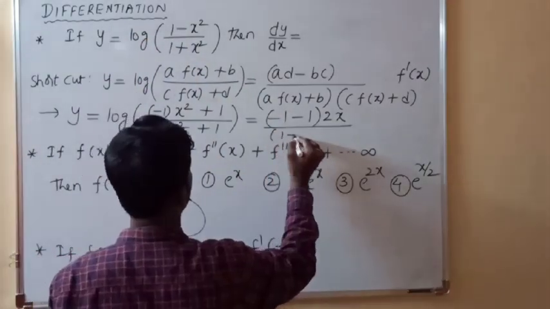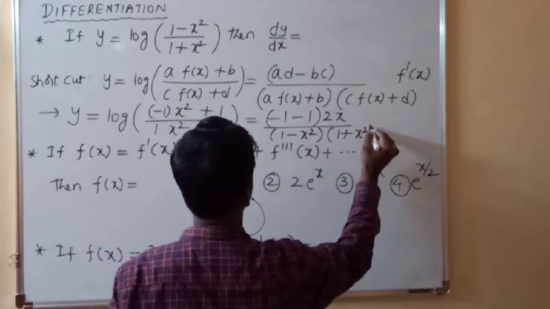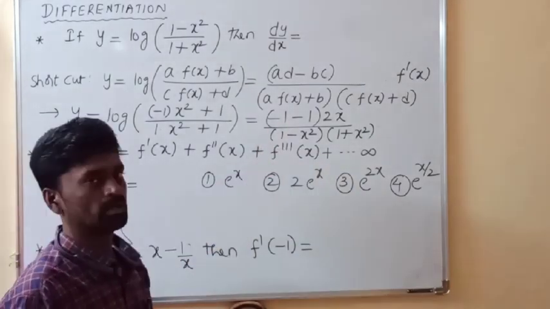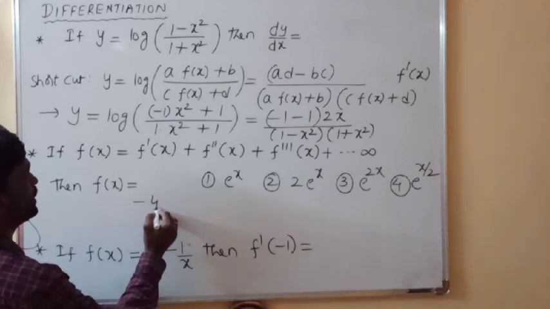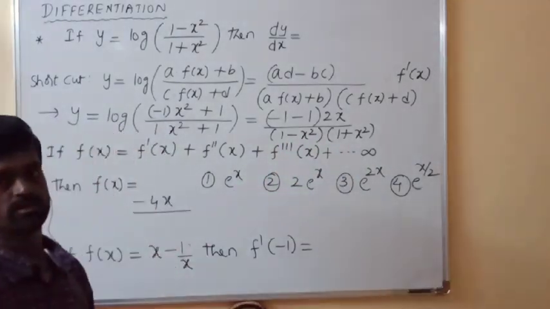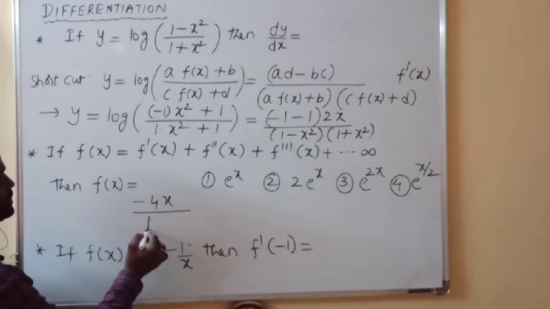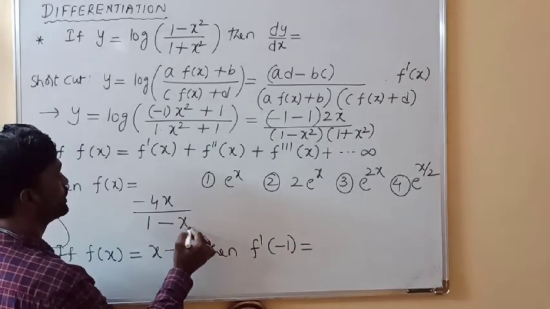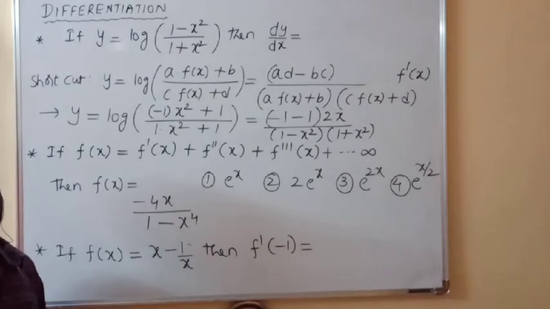Simplify and you will get the answer. Minus 1, minus 1, minus 2. Minus 2 into 2x, minus 4x, divided by 1 minus x square into 1 plus x square. That is in the form of (a plus b)(a minus b) equals a square minus b square. So 1 square is 1, and x square whole square is x power 4. Thus the answer is minus 4x by 1 minus x power 4.